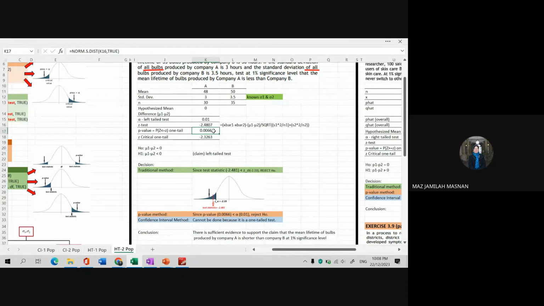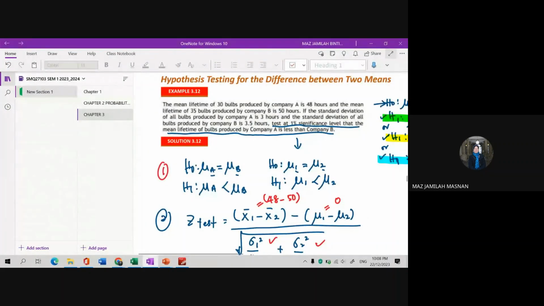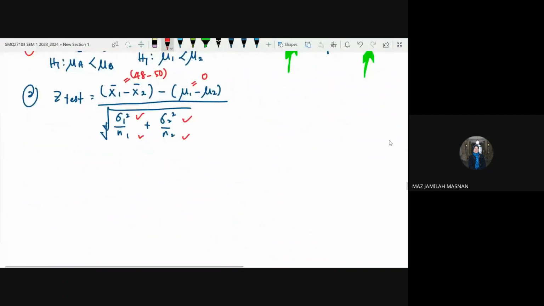How do I find this? Let me draw again for you, because the p-value is the given probability value under the curve. From the z-test, the value obtained is negative 2.481. If I draw, this is mu equal to 0.